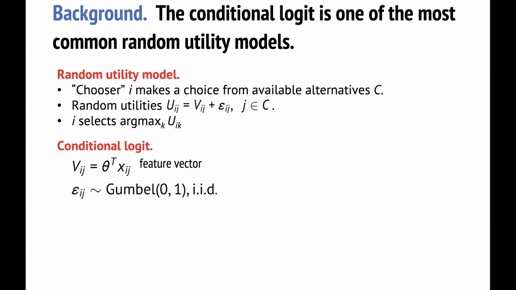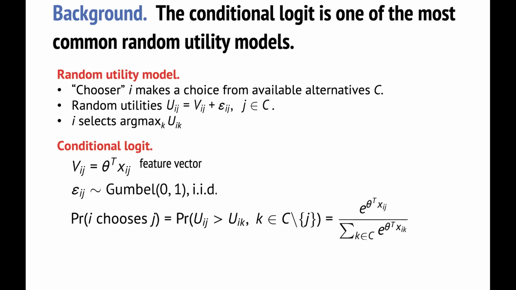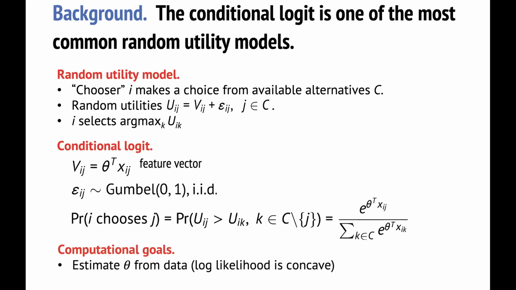If we model the static component as a linear combination of some preference vector theta and the features of the item, and if the random component is distributed Gumbel, then the probability of choosing j is the exponentiated static utility of that item relative to the exponentiated utilities of the complete choice set. And this allows us to estimate the preference vector theta from the data.